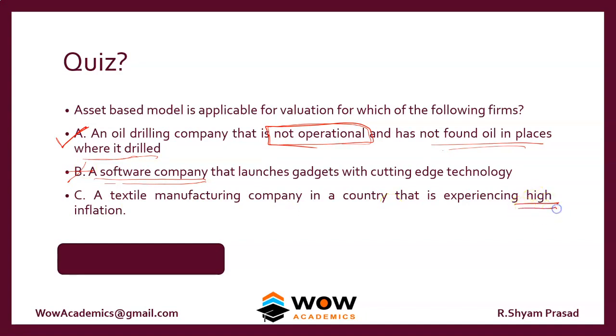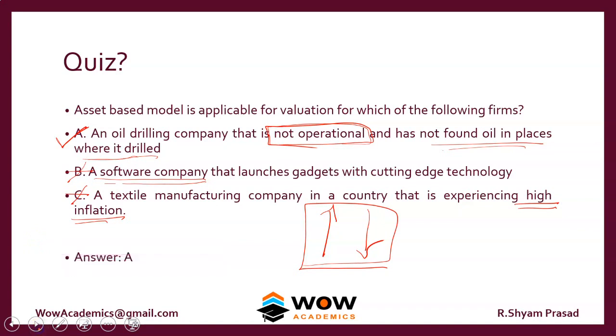So this is not useful, because in a high inflation country, the worth of money keeps going down and the value of machines and assets goes up. So it's very difficult to balance both and try to find out a value. So I think A should be the answer. So the answer is A.